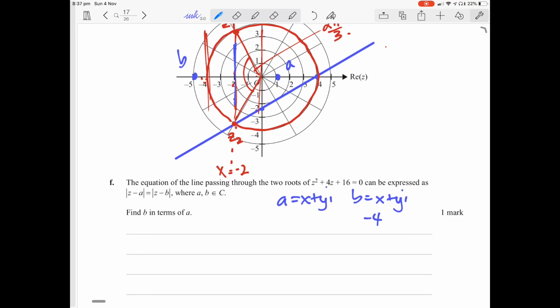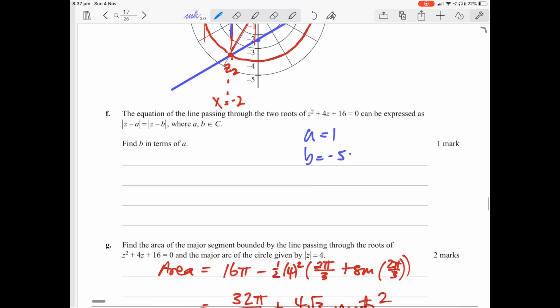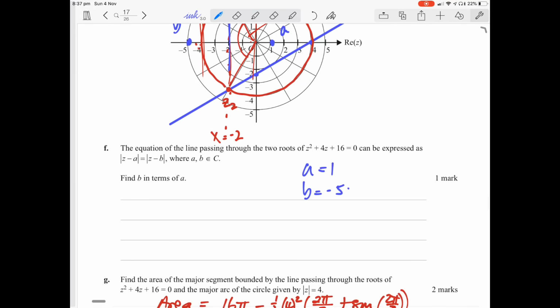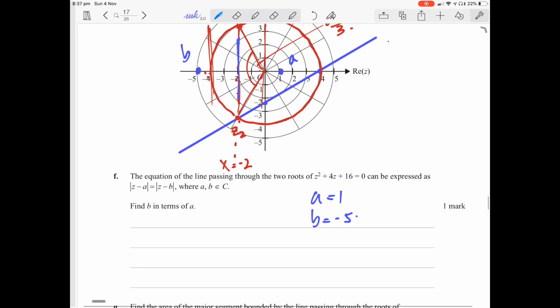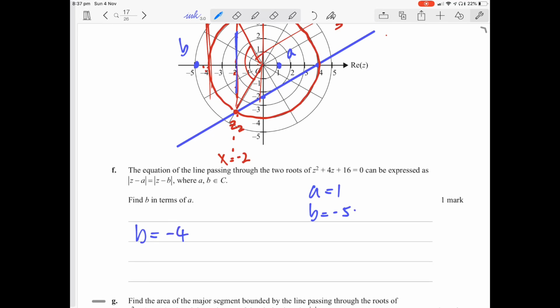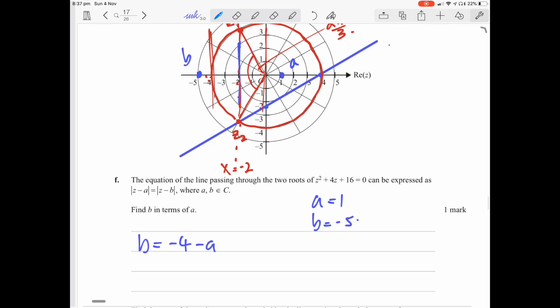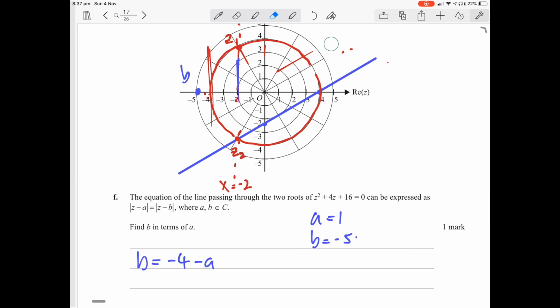If B is 1, if A is 1, then B would have to equal negative 5. So negative 4 minus A. So B equals negative 4 minus A. What about if, let's get rid of all the stuff we don't need.